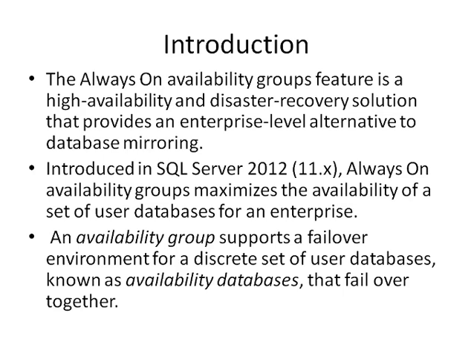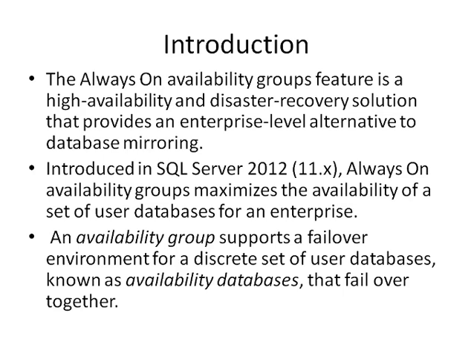An availability group supports a failover environment for a discrete set of user databases, known as availability databases, that fail over together. In case of mirroring, when we failed over a particular database, we had to fail over all the databases related to a particular application one by one.